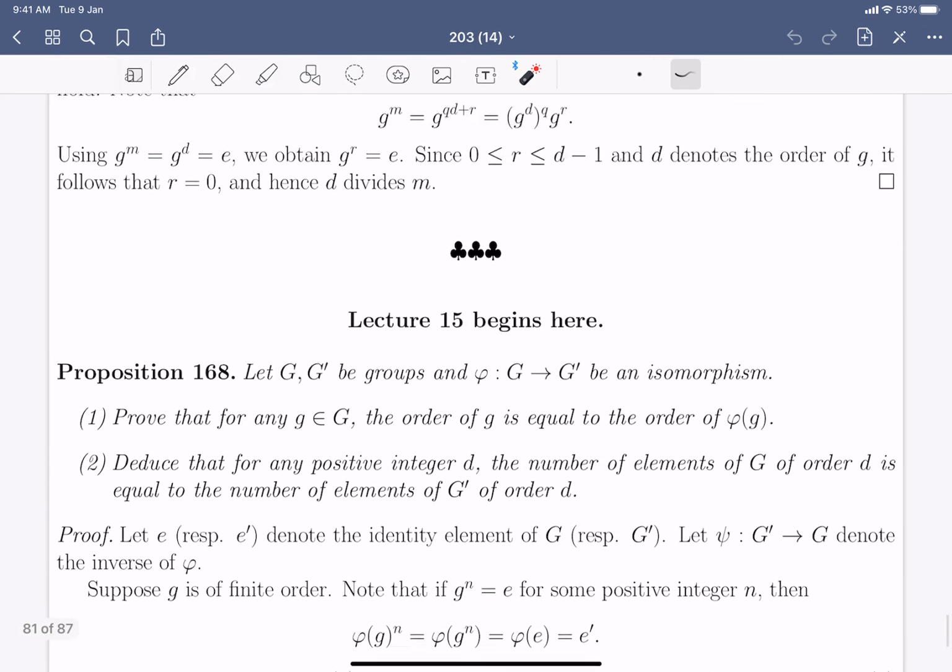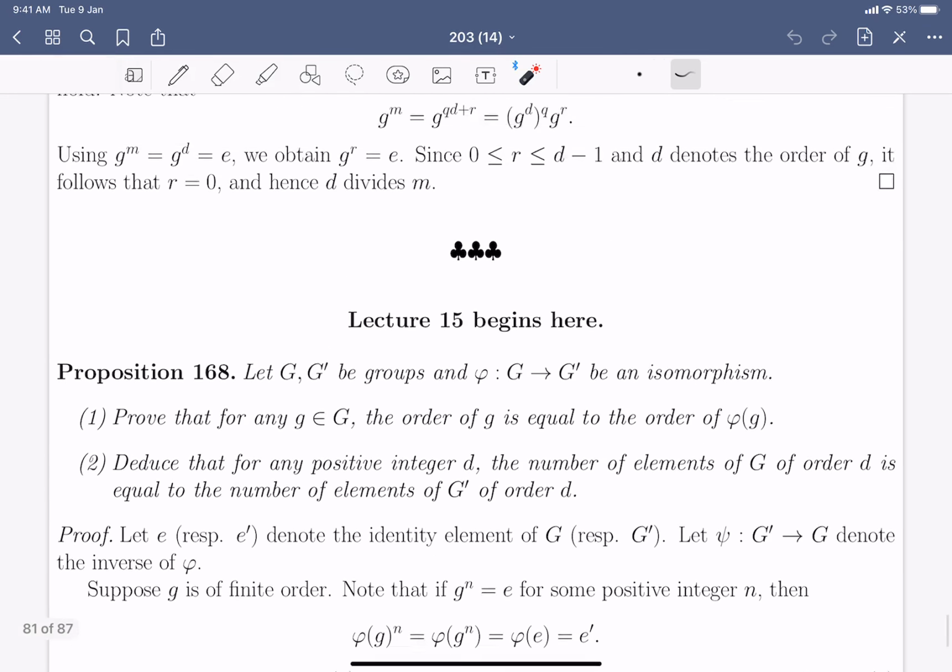Let me just introduce a few notations. Let's denote the identity element of G by e, and the identity element of G prime by e prime. We denote the inverse of phi by psi. Note that this inverse makes sense, as we have already discussed and solved in some of the exercises in the problem sets: a group homomorphism phi from G to G prime is an isomorphism if and only if it is bijective.